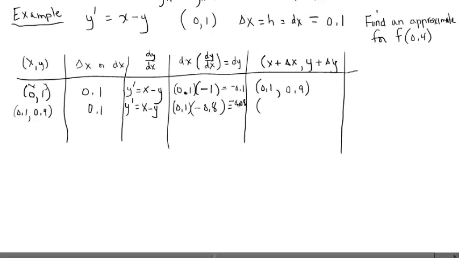Right, so coming over here, we've just increased 0.1 by 0.1, x plus delta x. So my x is here, delta x is here, so this is going to be 0.2. The next one's going to be 0.3, and then my fourth iteration is going to be 0.4. Coming back up here, how do I get y plus delta y? Well, I take y, 0.9, and I add negative 0.08.